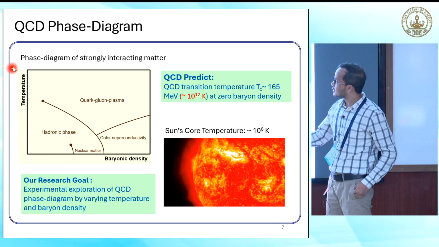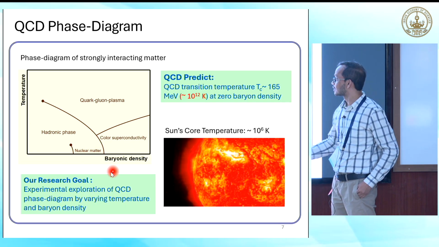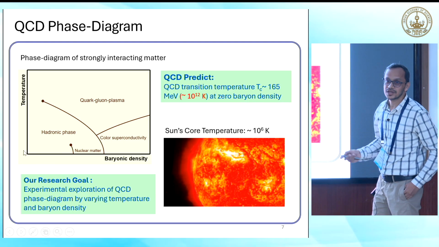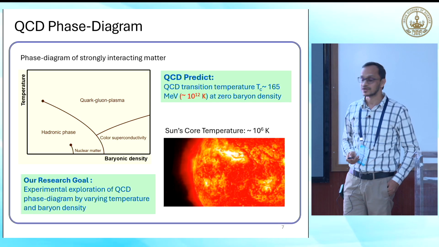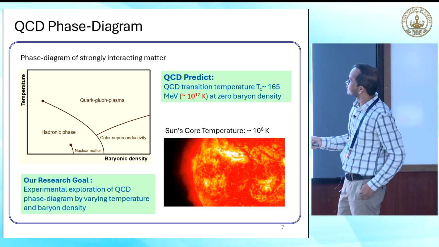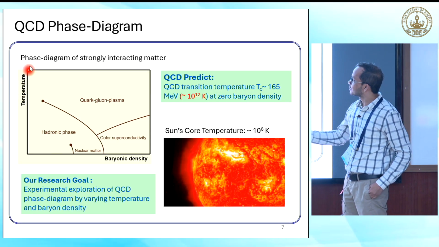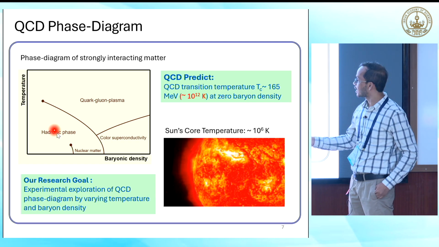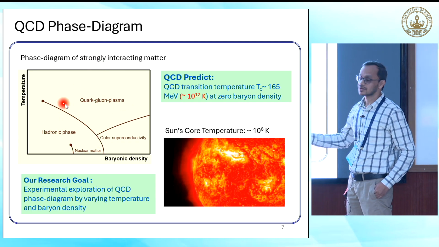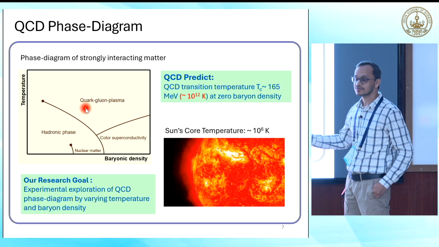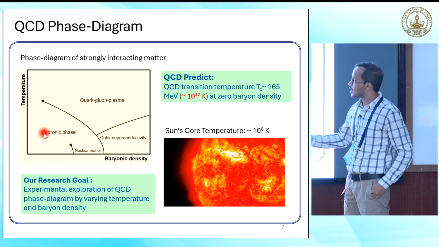Here temperature versus baryon density is plotted. This is the simplest form of the QCD phase diagram, which can be probed experimentally. QCD predicts that if you reach sufficiently high temperature or high baryon density, you might create a deconfined phase of quarks and gluons, which is Quark-Gluon Plasma. At low temperature, you have a hadronic phase.